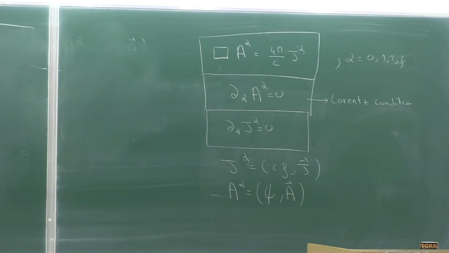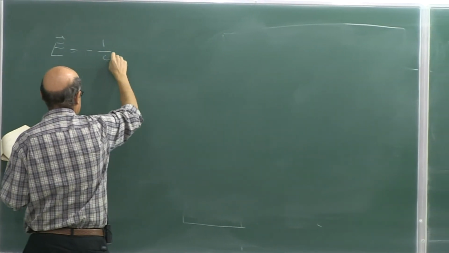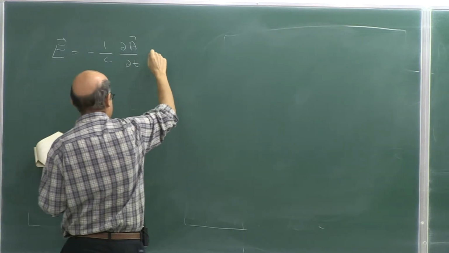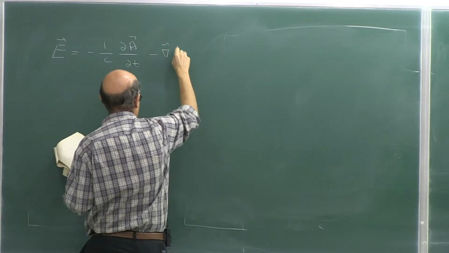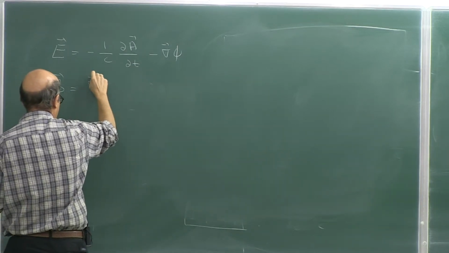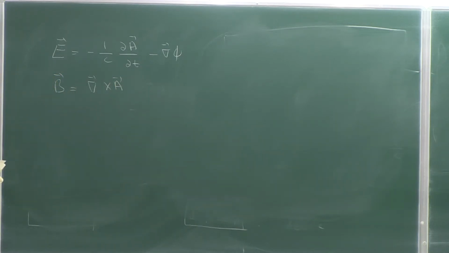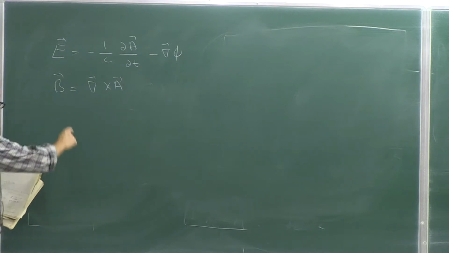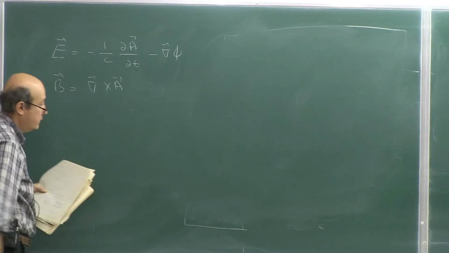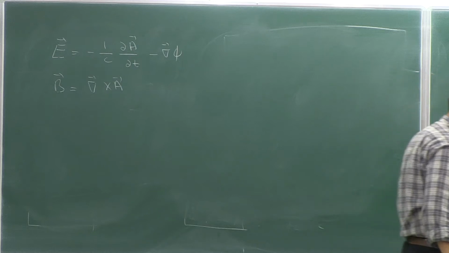So the electric field in terms of the potential is equal to minus 1 over c del A over del t minus gradient of the scalar potential, and the magnetic field is the curl of A. So which equations do we use to derive this? This is from del dot B equal to 0, and the above was from Faraday's law, curl of E plus del B over del t is equal to 0.